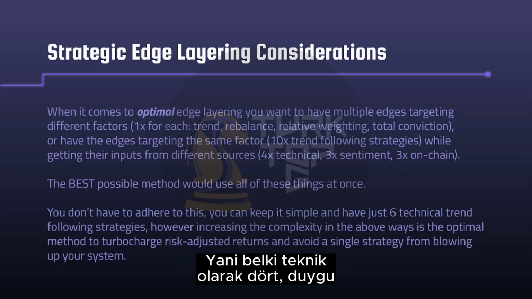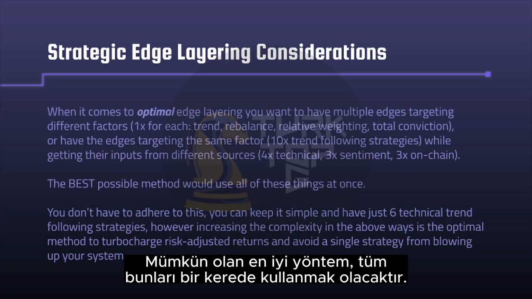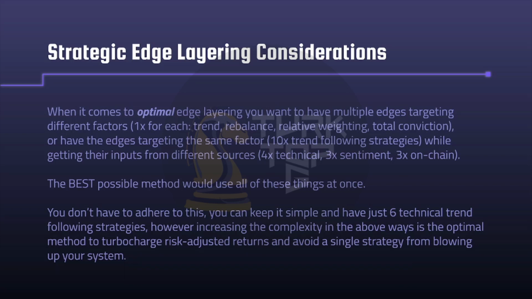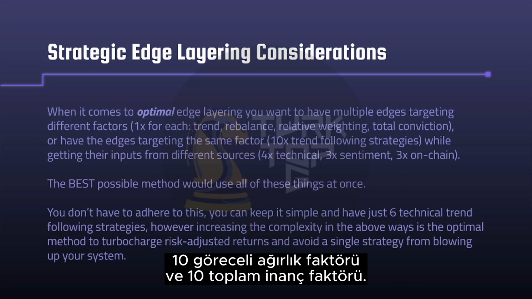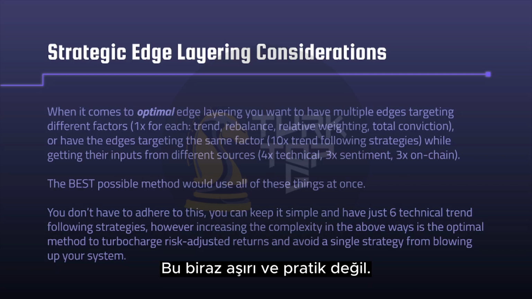So maybe you have 4 technically based, 3 sentiment based, and 3 on-chain based. The best possible method would be to use all of these things at once. So you have 10 trend-based factors, 10 rebalancing factors, 10 relative weighting factors, and 10 total conviction factors. That's a bit extreme, and it's impractical, let's be completely honest.